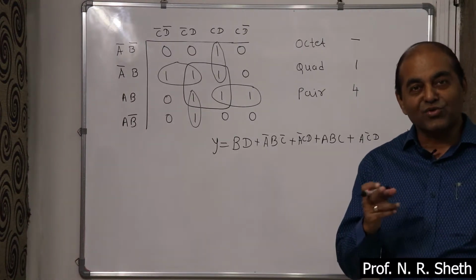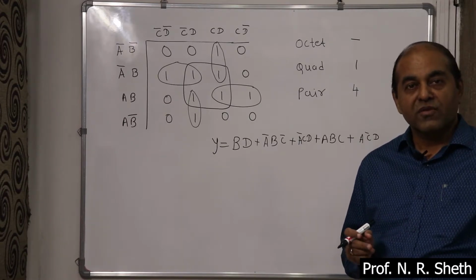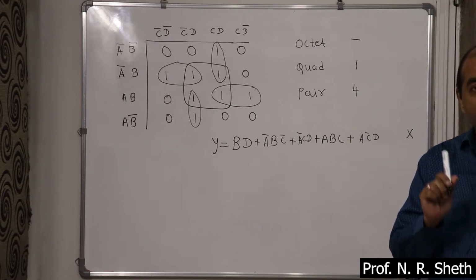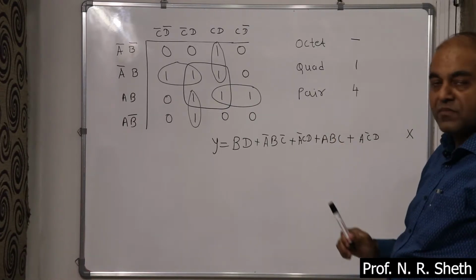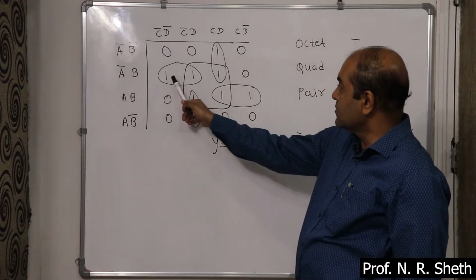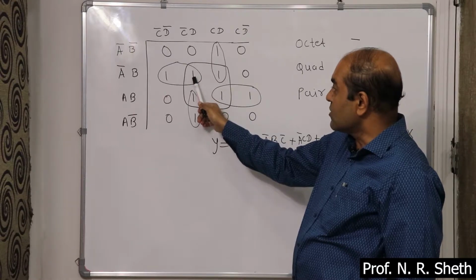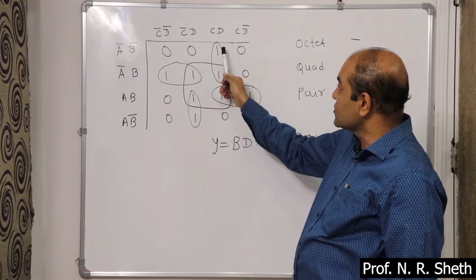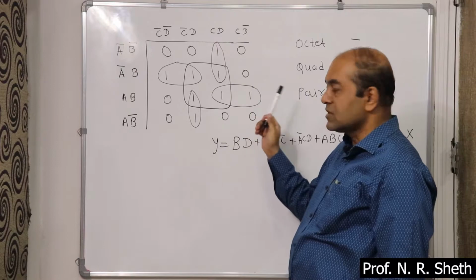And that is why I have told you more than 90% of students are not able to find the correct answer. Their answer is like this. And that is a wrong answer. Look at here, the pair number 1. This one is already used to construct the pair. This one is used to construct this pair. This one is used to construct this pair.